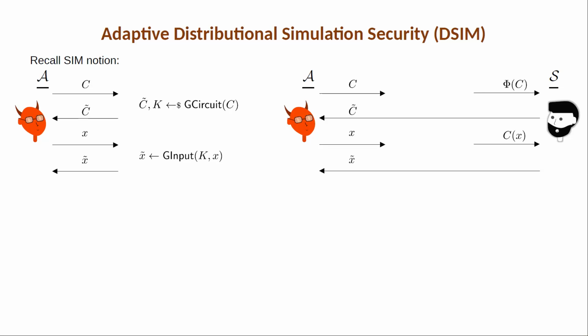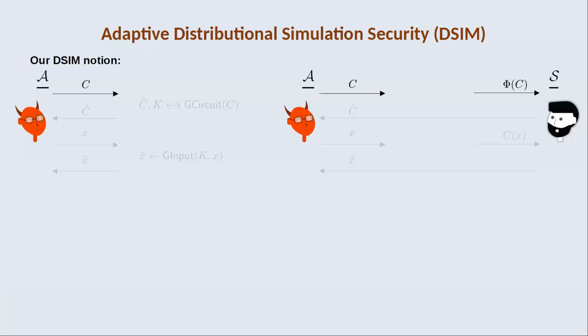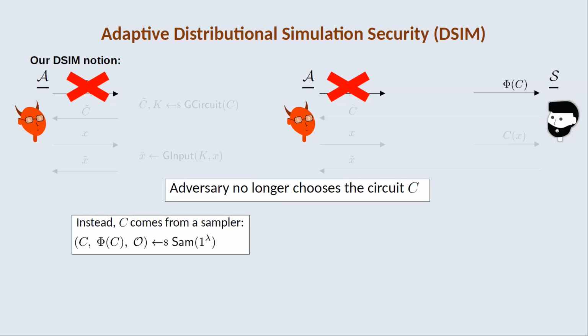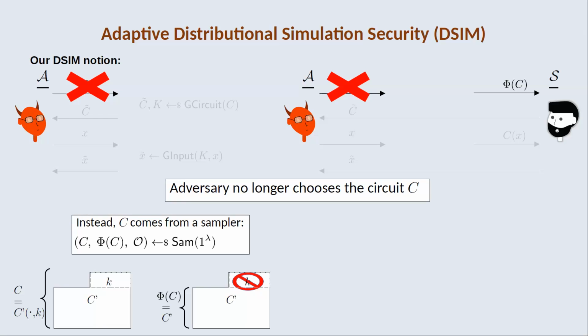And I want to do this by modifying the old SIM definition. So this was the old one. Instead of letting Eve choose the circuit, we don't allow that, and instead it comes from the sampler. The sampler produces a circuit, a linkage, and an oracle. And I hope you can see this. But think of the circuit as having a public part, which is the linkage, and a secret part, which is the key.